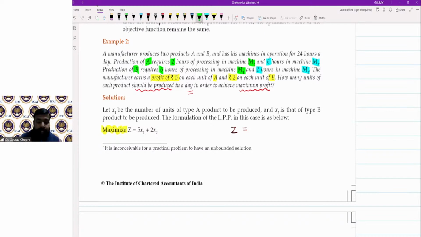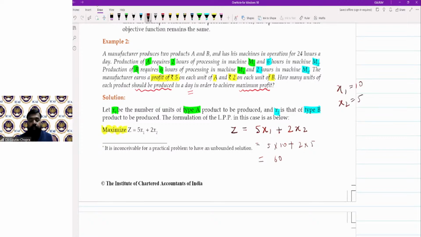So let us assume X1 is the number of units of type A and X2 is the number of units of type B. Now when we produce, the profit from product A is rupees 5 per unit, so we can write 5 times X1, plus from B we get 2 rupees, so 2 times X2. This gives us the maximum profit. Let's say if X1 is 10 and X2 is 5, then 5 into 10 plus 2 into 5 is 60 rupees.